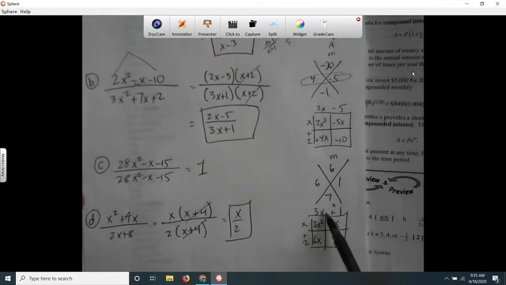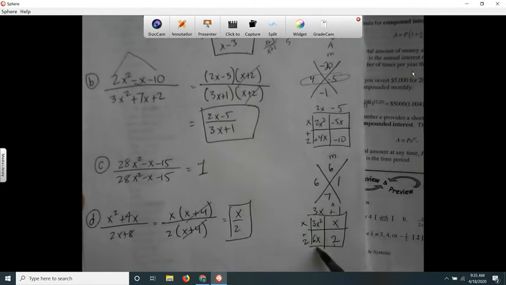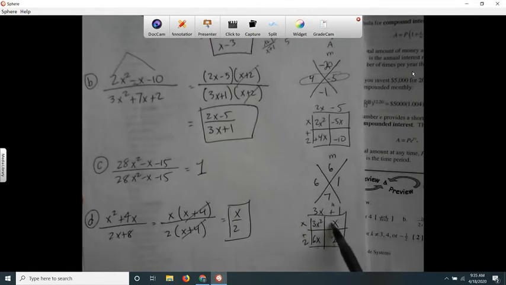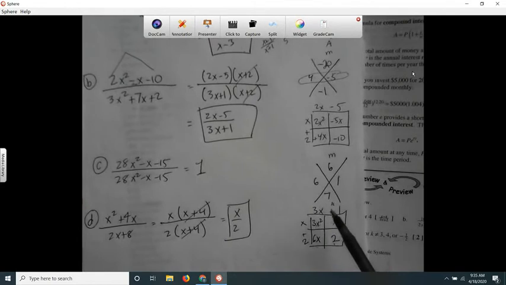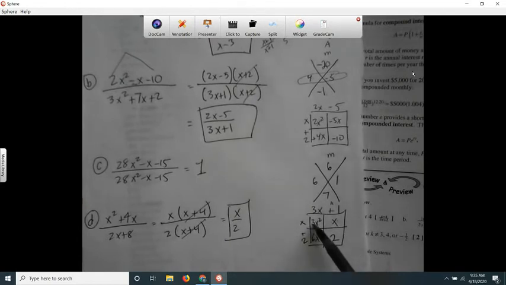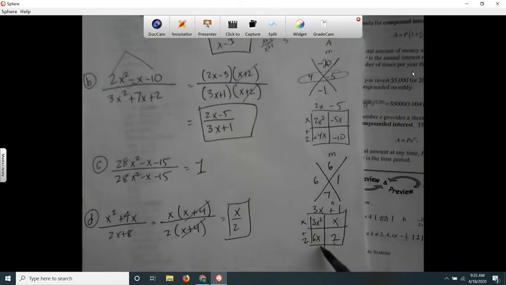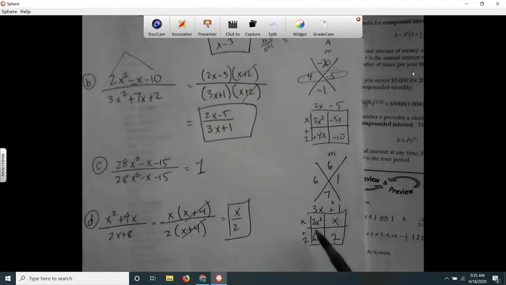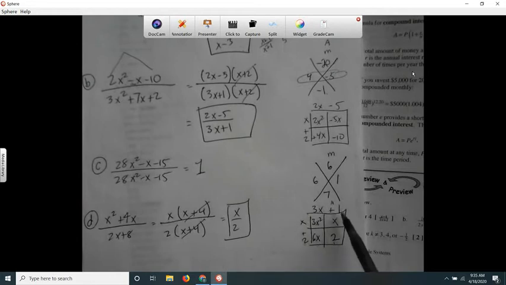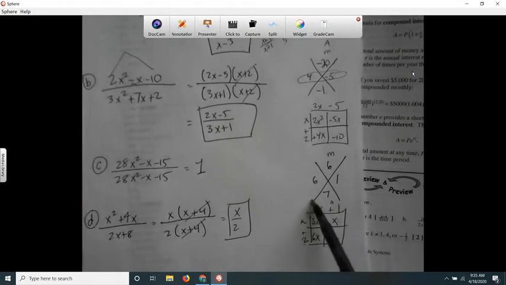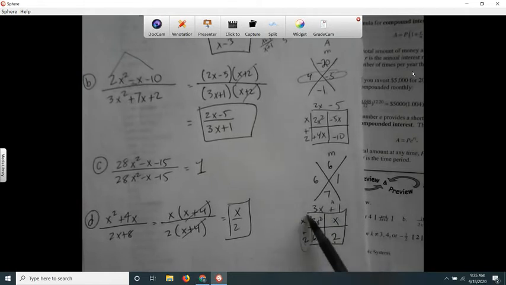I have to put the 3x above the 6 because if I put the 3x on the side, then I'm going to have an issue with this box right here. So that times that equals that. And then I say 3x times what equals 6x? Well, I answered myself 2. And then x times 1 is x, and 2 times 1 is 2. So these are my factors.